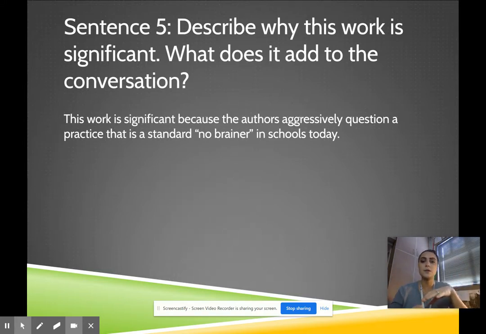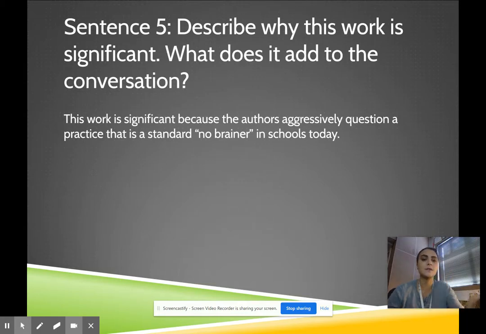So in case you didn't know, there's an ongoing conversation happening all the time in the education world about homework and how much to assign, how much not to assign, if it's good or if it's not good. And so there was a reason that this specific text, published in 2001, was significant to the whole argument. And it's because the authors are aggressively asking the readers to question a standard that is a no-brainer in schools today.